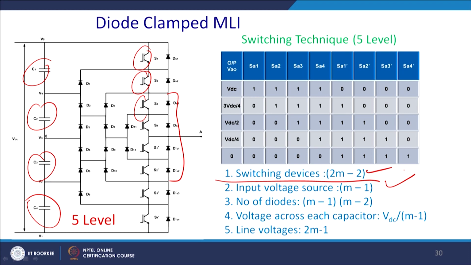It is increasing like anything, like a rumor. That value is basically m minus 1 into m minus 2. So, here it is 4 into 3, that is 12 diodes. Think about it, if you have an 11-level inverter, how many diodes would there be? That is one of the drawbacks of this topology.